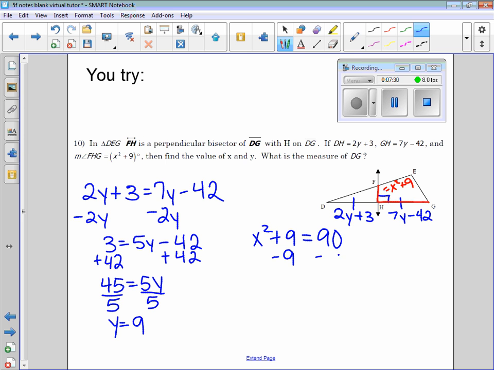I'm going to subtract 9 from both sides, which gives me x squared equals 81. Then to get rid of the squared, I have to take the square root of both sides. A square cancels out a square root, and the square root of 81 is 9. So now I have x equals 9.